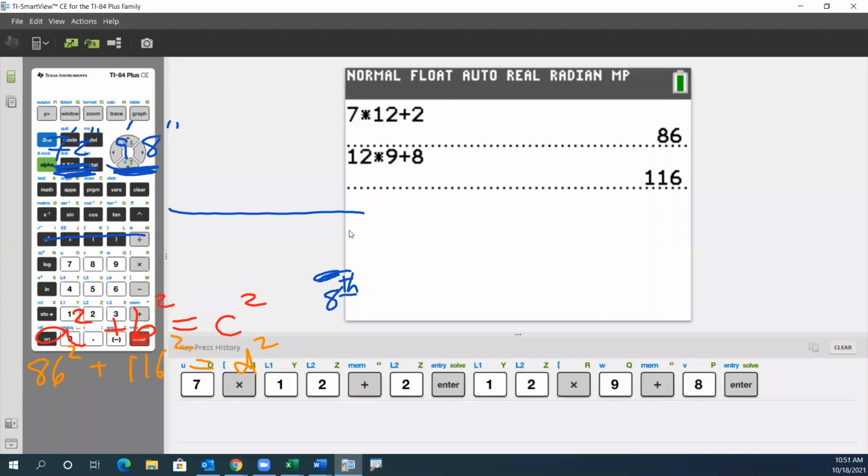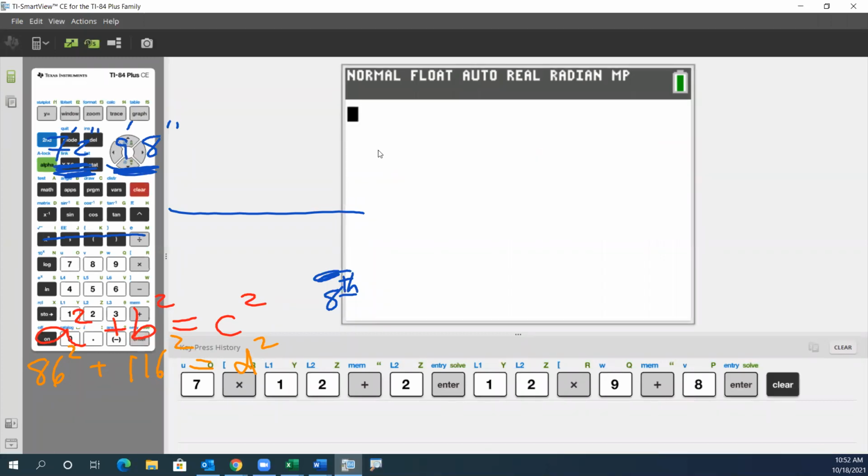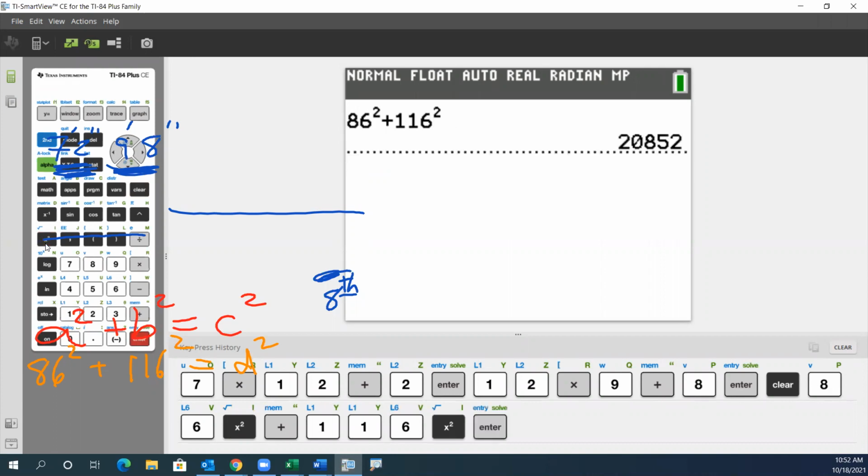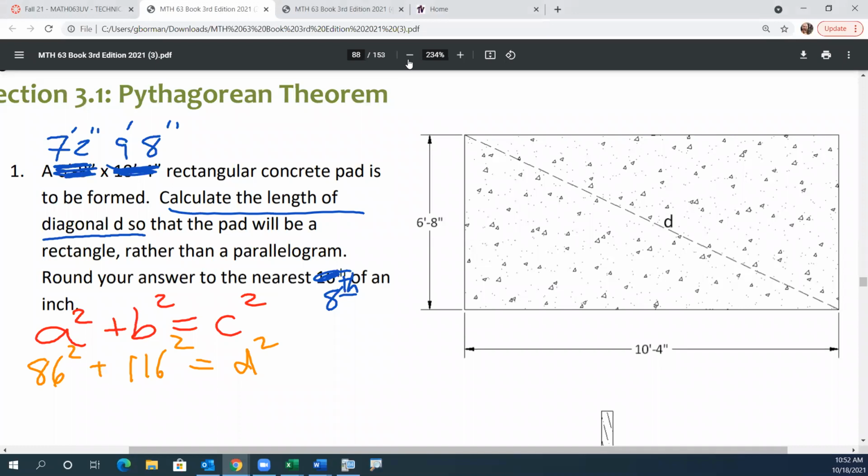Okay, and so let's go to the calculator, and we want to do 86 squared plus 116 squared. All right, so I get 20852.